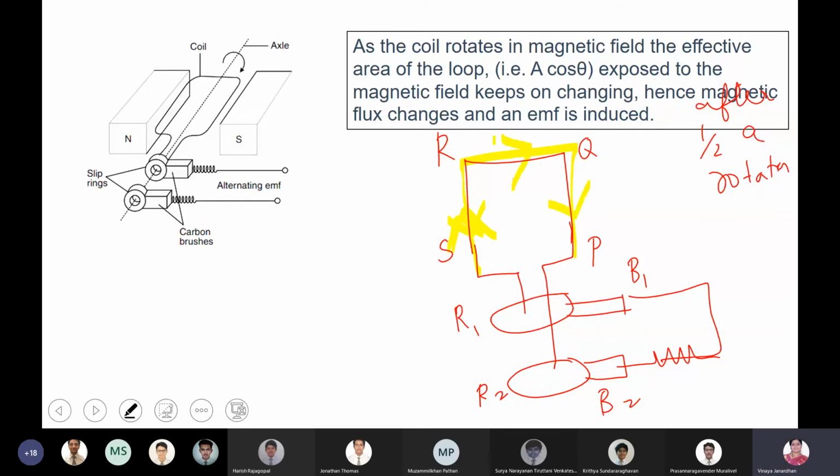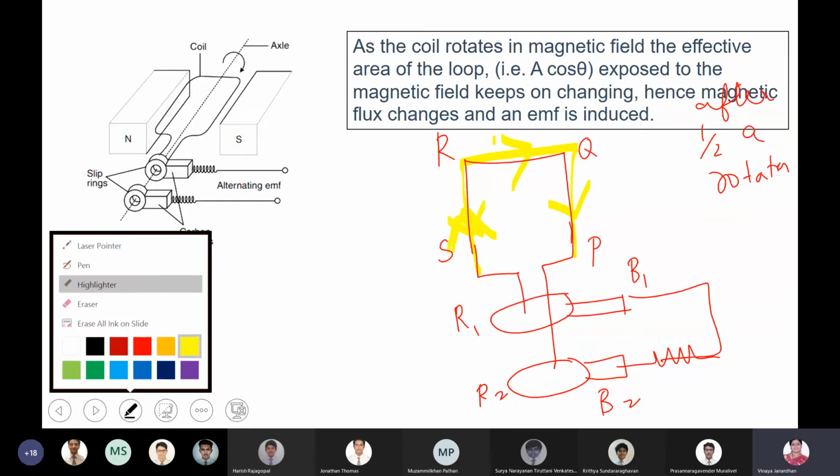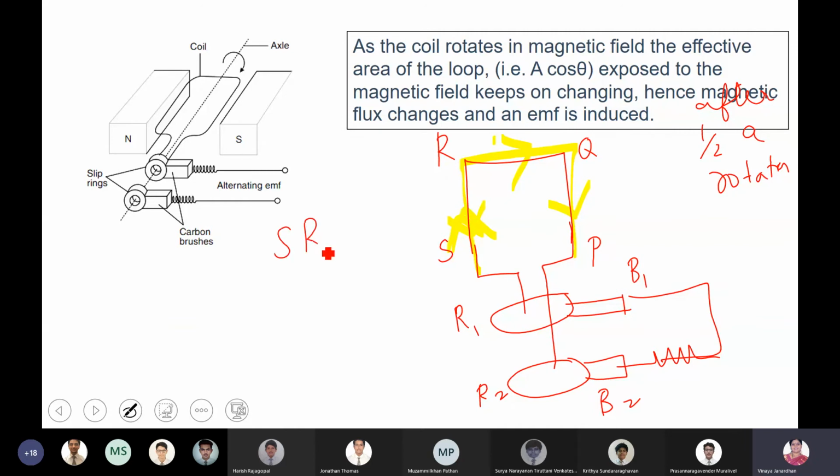In the internal circuit, it flows from S, R, Q, P. Then it reaches the point P, it goes to the ring R2, from R2 to the brush B2, from B2 to B1. B1 directly goes to the ring R1, from R1 it goes to the point S.